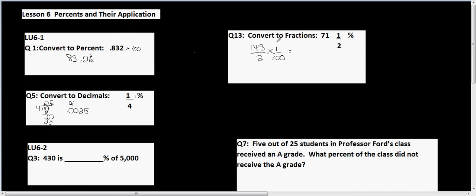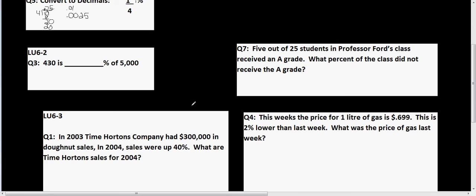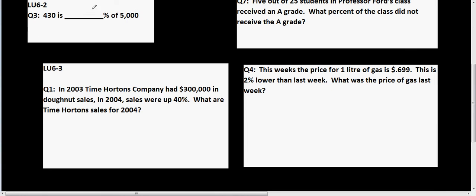So now we've got 143 times 1 is 143, and 2 times 100 is 200. And there we have it, 143 over 200. If you could simplify this further, you would, but 143 over 200 is as simple as we can take it. All right, let's go on to the next unit and try to solve some applications with percents.